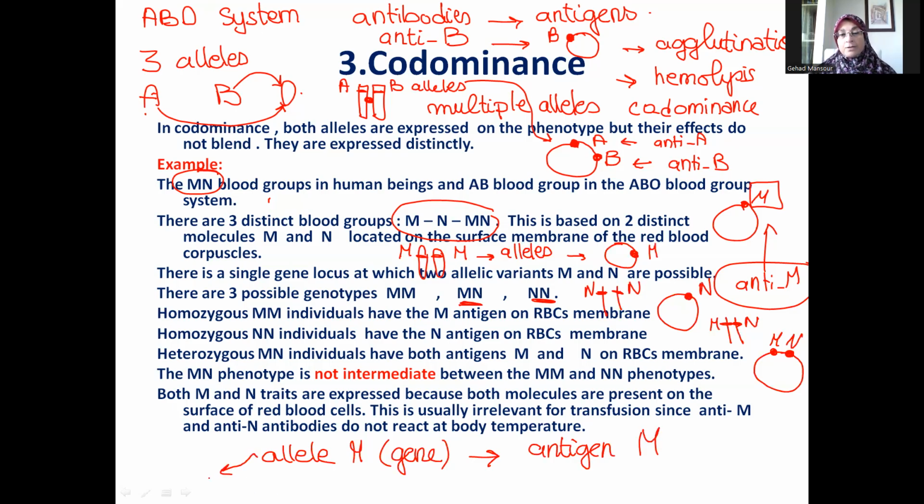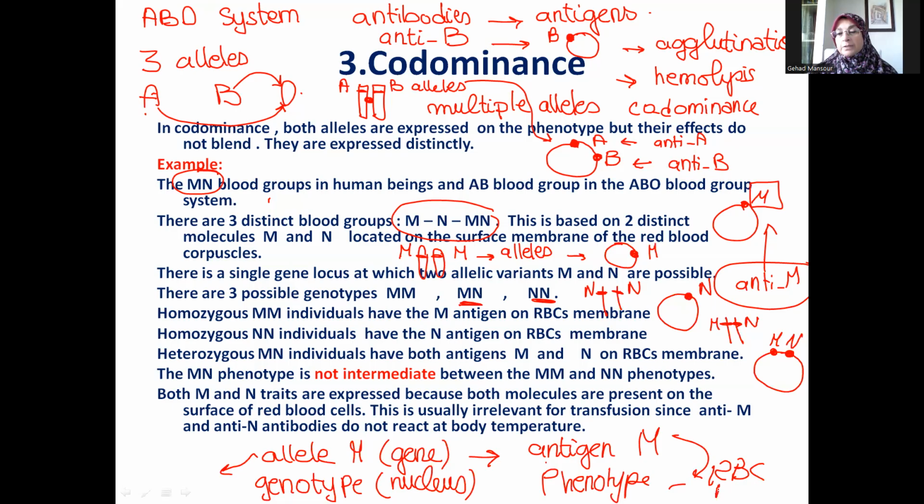Here, the allele represents your genotype, and it is present in the nucleus, but the antigen represents your phenotype, and it is present on the RBC membrane, or the red blood corpuscle membrane.